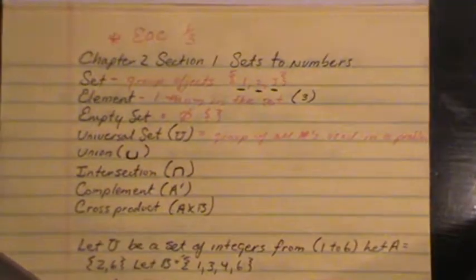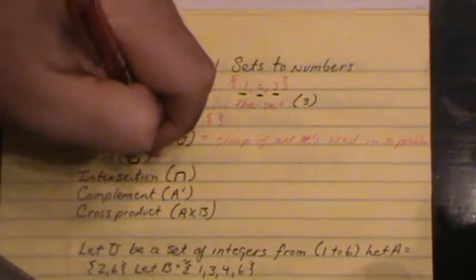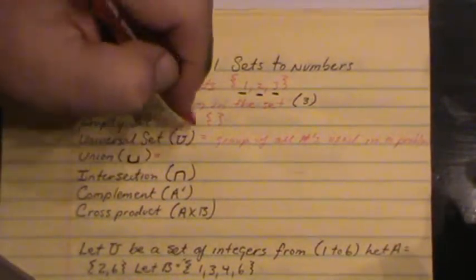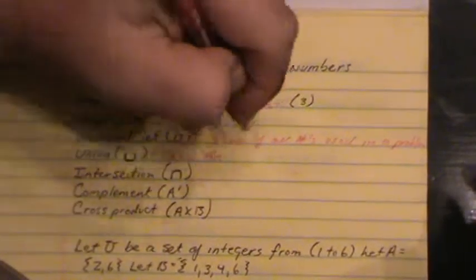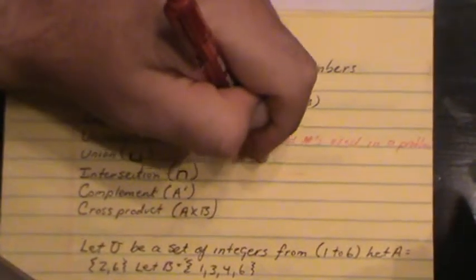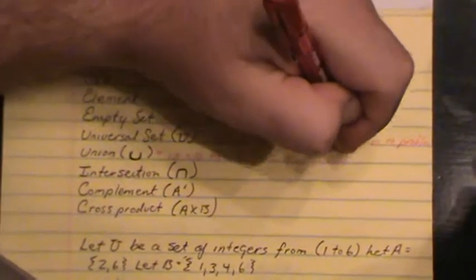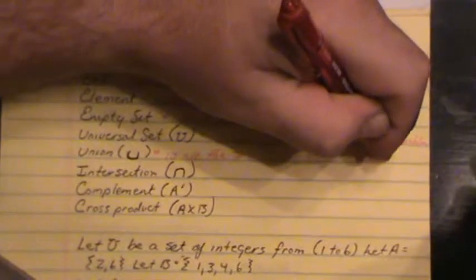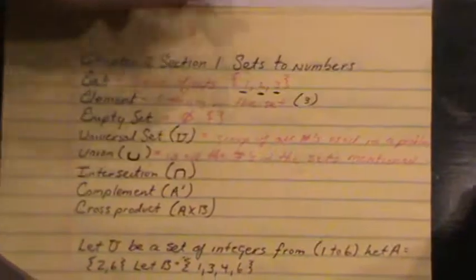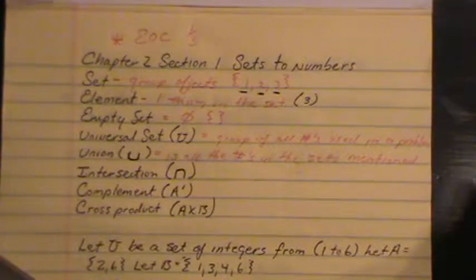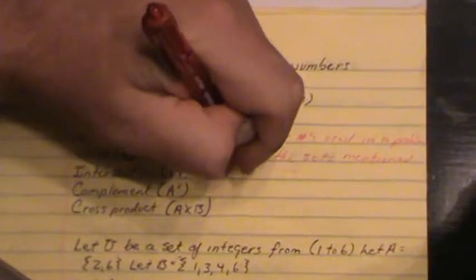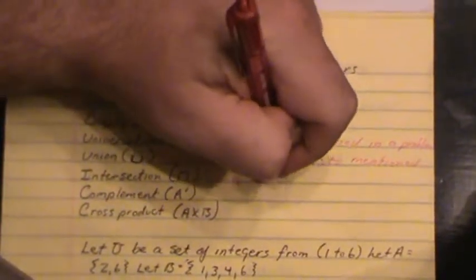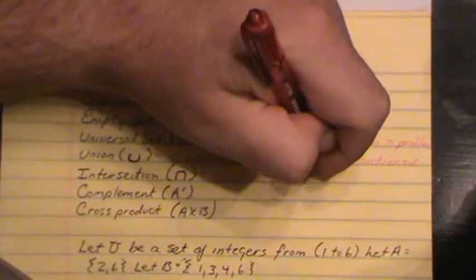When we talk about unions of sets, a union is all the numbers in the sets mentioned. The intersection of sets is only the numbers that the sets have in common.